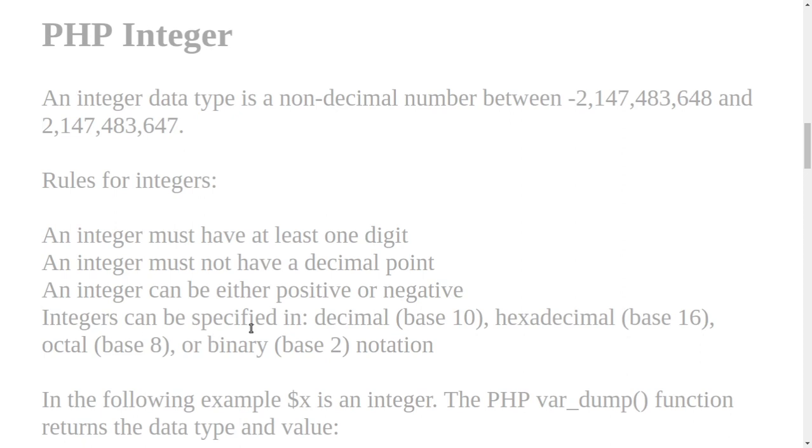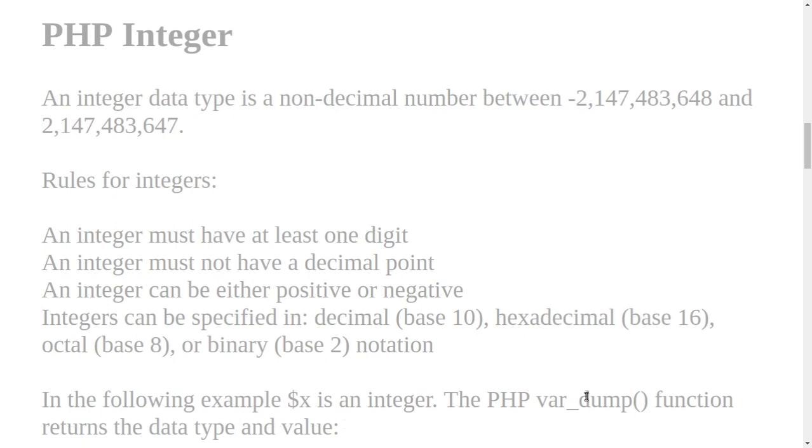Integers can be specified in decimal (base 10), hexadecimal (base 16), octal (base 8), or binary (base 2) notation. In the following example, $x is an integer.